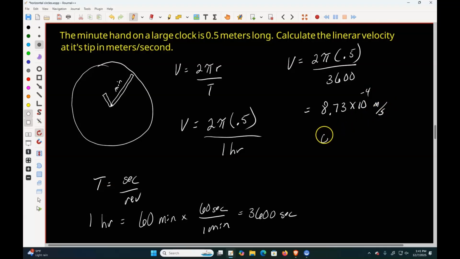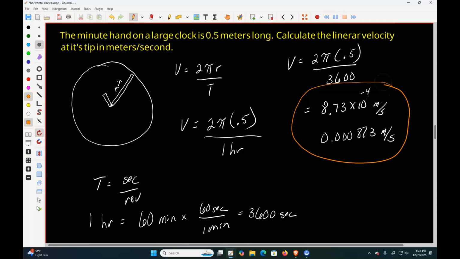The calculator will probably say 0.000873. Okay. So that's the answer to the first problem.